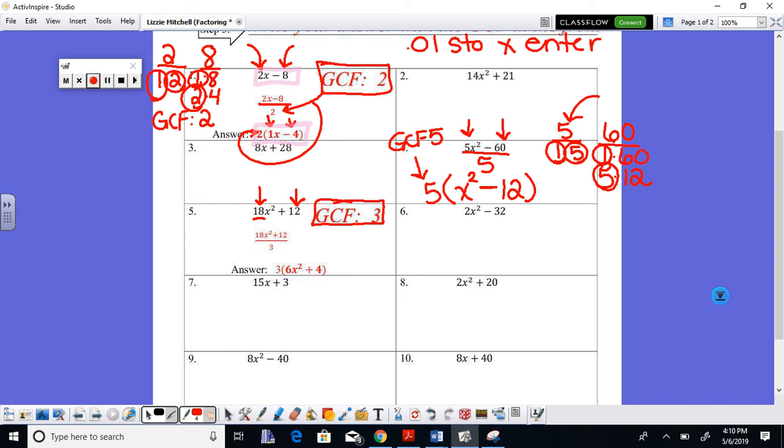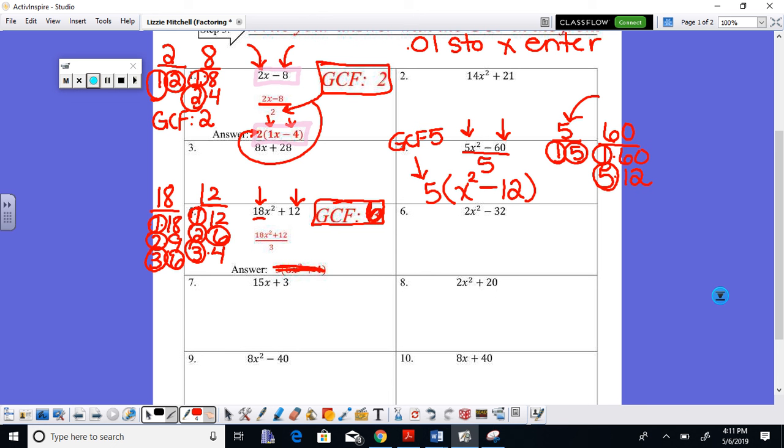Because 18 is not a factor of 12, but 18 has the factors 1 times 18, 2 times 9, 3 times 6. 12 has factors of 1 times 12, 2 times 6, and 3 times 4. We've got several commons. We've got 1, 2's are common, 3's are common. Oh, 6's are common. There's a mistake. So 6 is actually the GCF for number 5, that is.